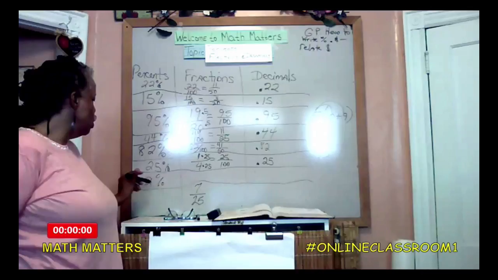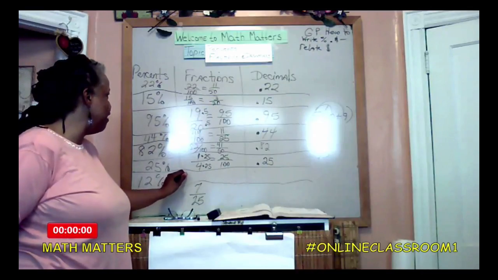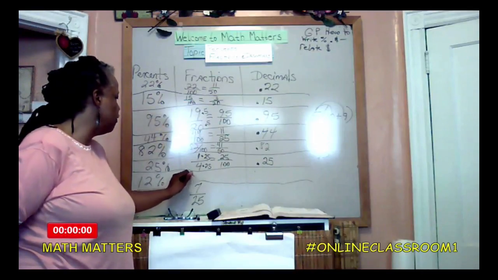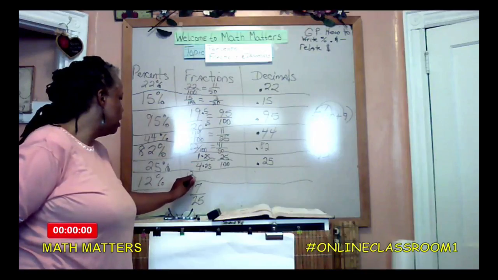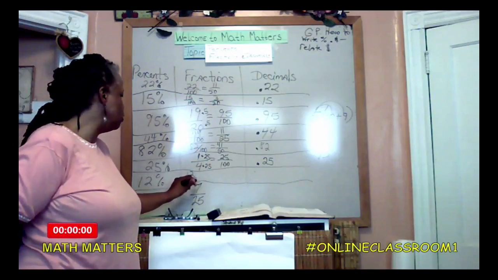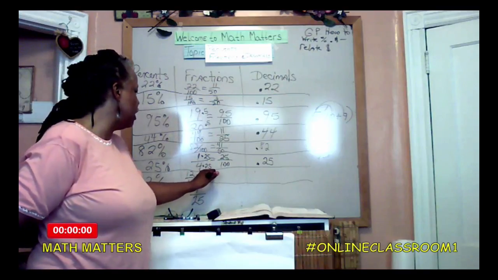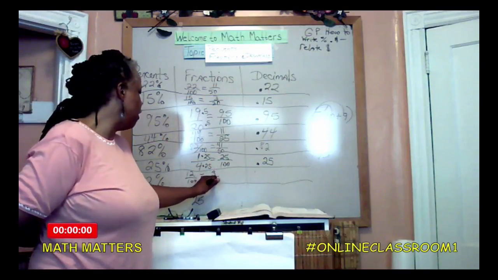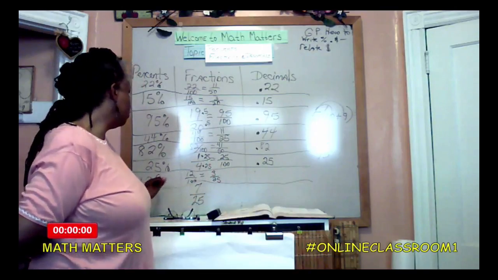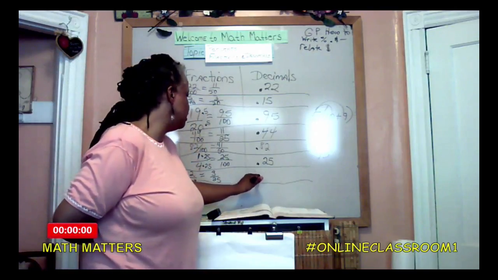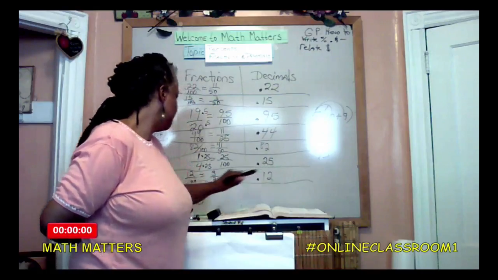12% written as a fraction is 12 out of 100. And we can reduce that, because I see a 4 here and a 4 here, to 3 out of 25, and 12% looks like 12 cents written as a decimal.